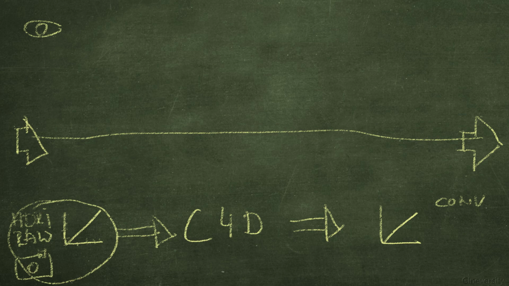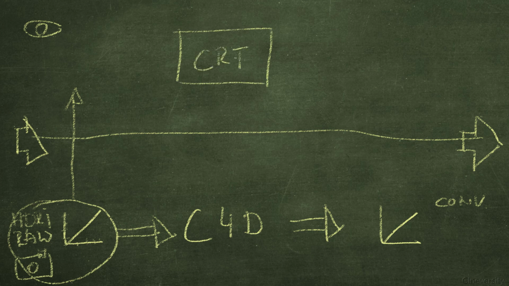During the whole workflow, we have to check, for example, what comes out of the camera. And to do that, we need maybe just a screen. The screen is a CRT, at least from history. We have LEDs and everything else now, but the original was the cathode ray tube, and it had, by default, based on its construction, a gamma curve in it.